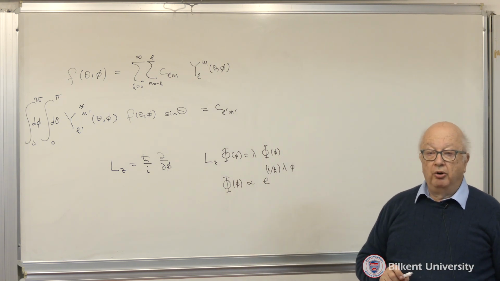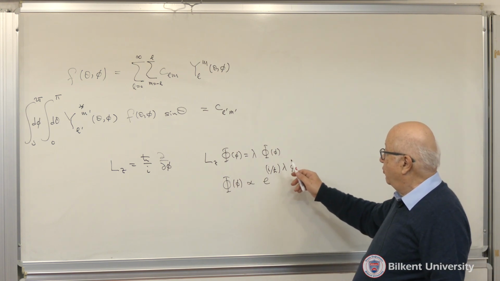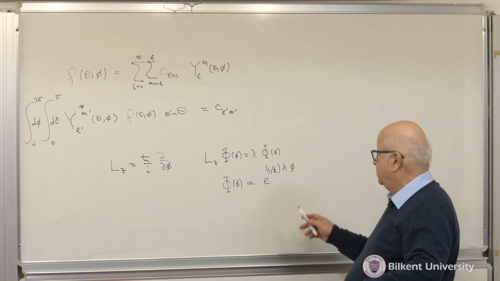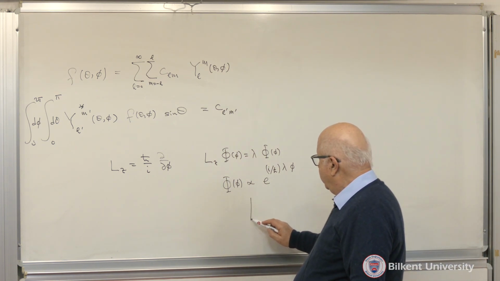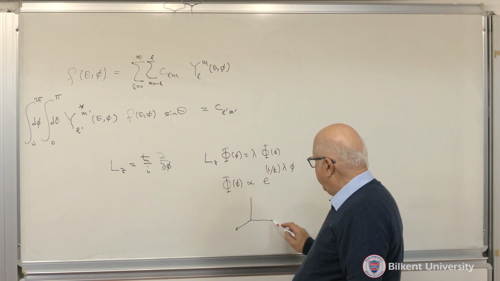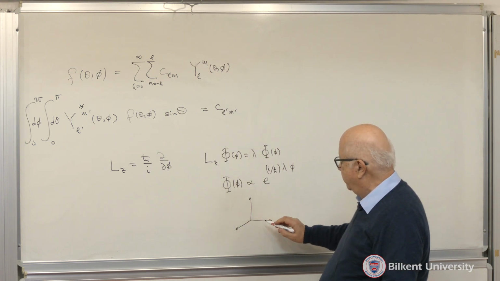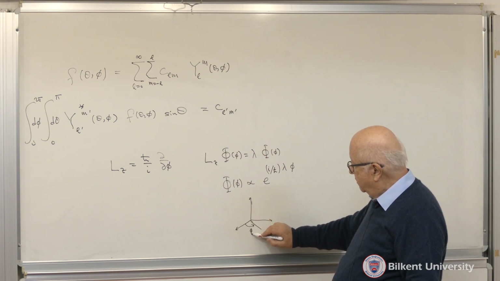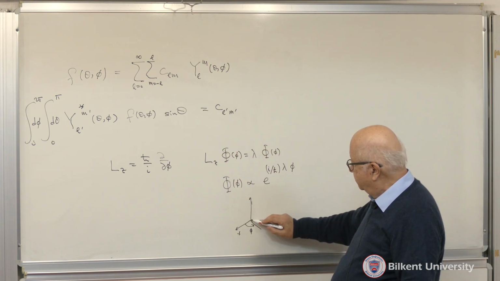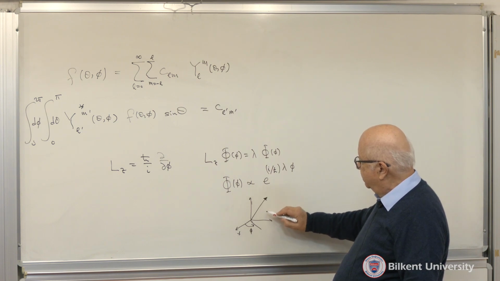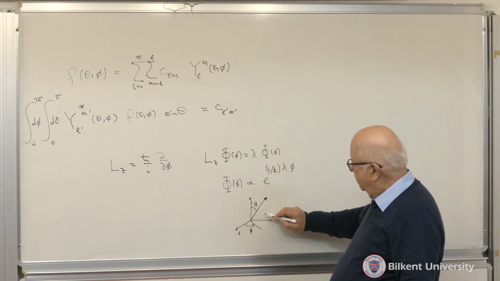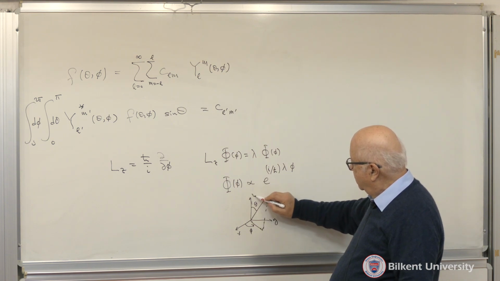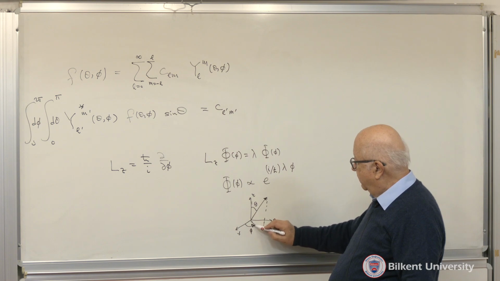Then I say that physically, I want functions which come back to their own values. So remember what phi is. Phi is this angle here from the x-axis. If this is the position vector, this is the angle theta. If I make a projection of that on the xy plane, this is the angle phi.